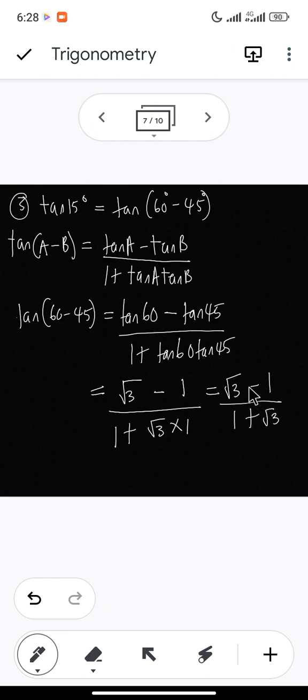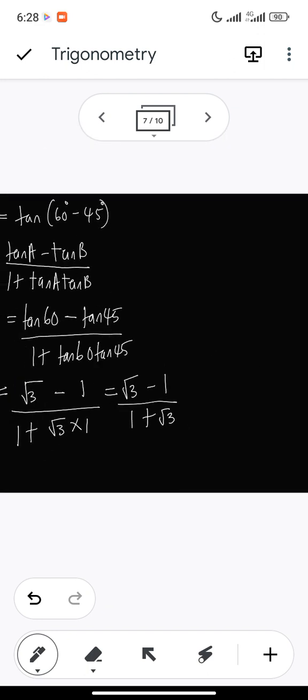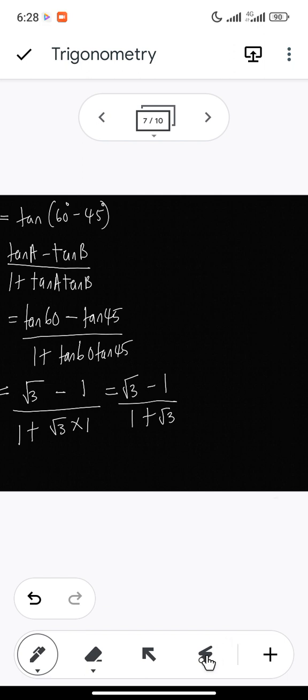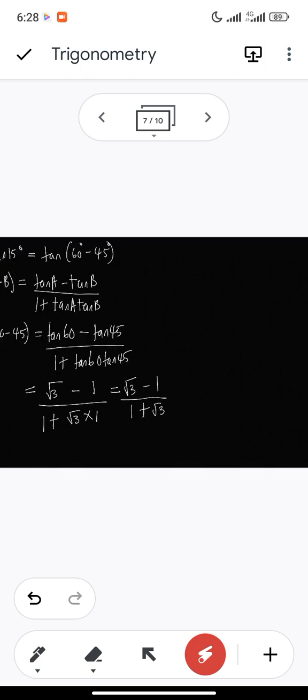Now we cannot leave our answer this way because we have to rationalize. Whenever I solve a fraction involving a surd, they don't want to see square roots in the denominator. So you have to get rid of this square root. We're going to do something called rationalization.